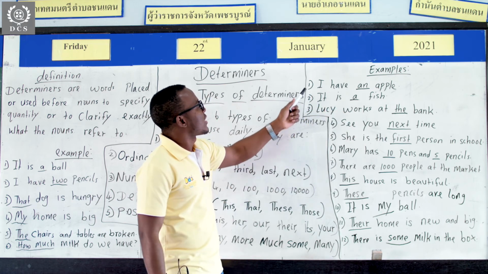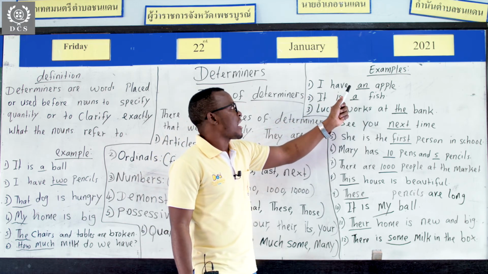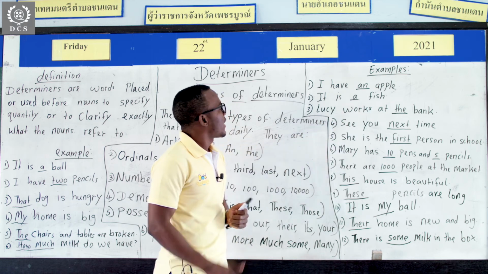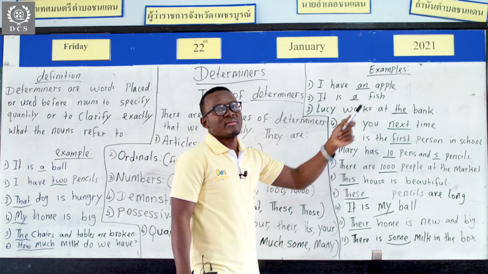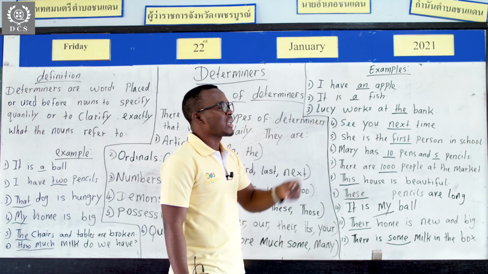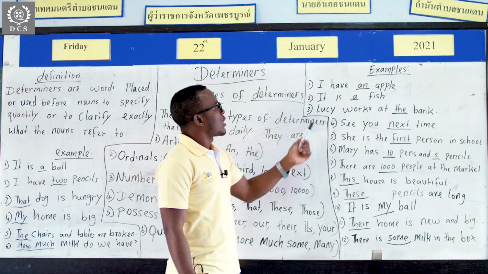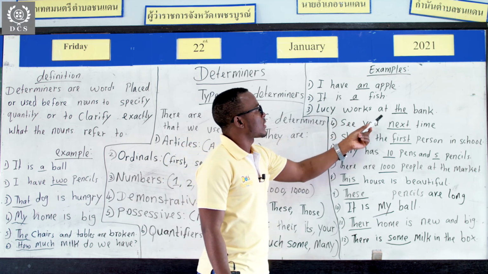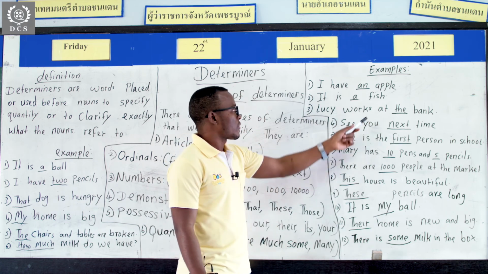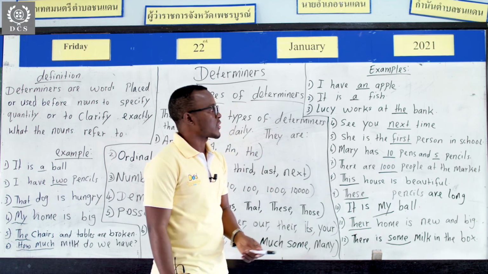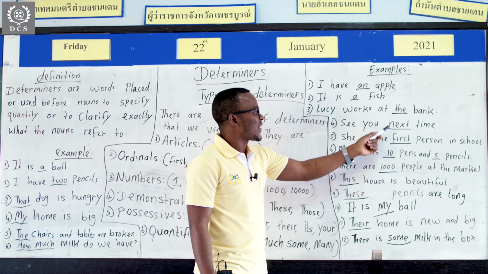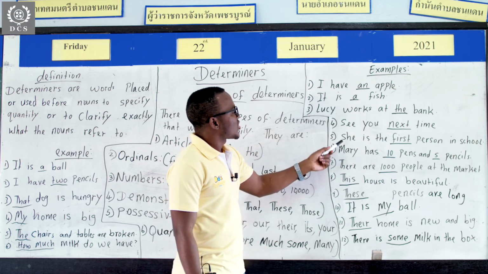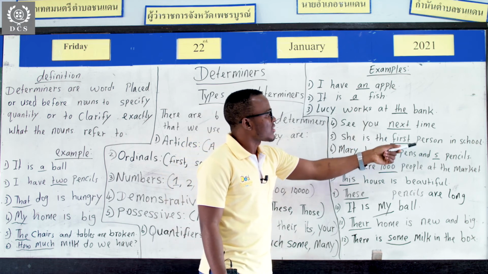Like the first one, I have an apple, and an is a determinant. The second one, it is a fish. So a is a determinant. The third one, Lucy works at the bank. So the is a determinant. She is the first person in school.